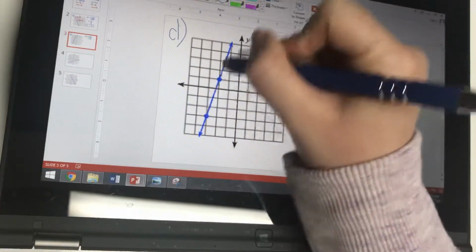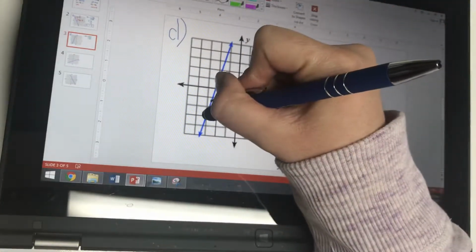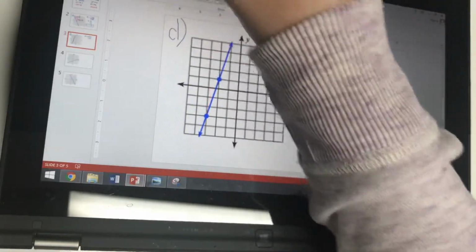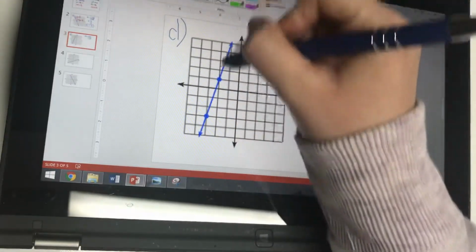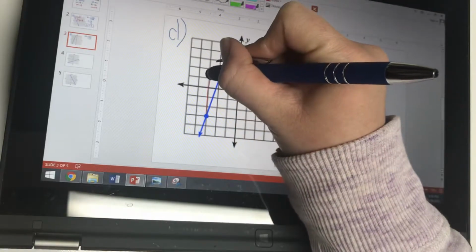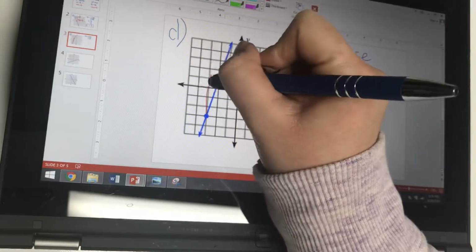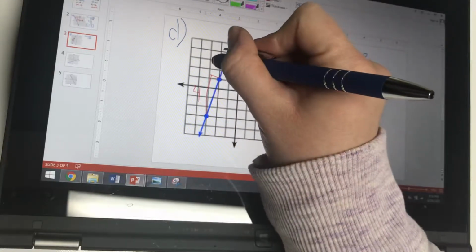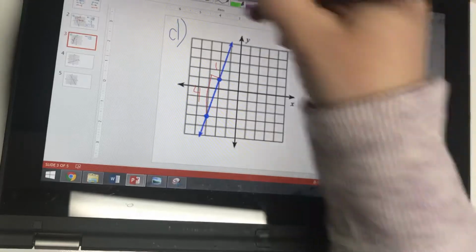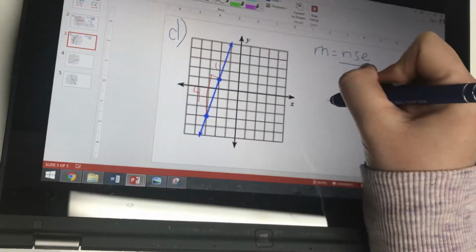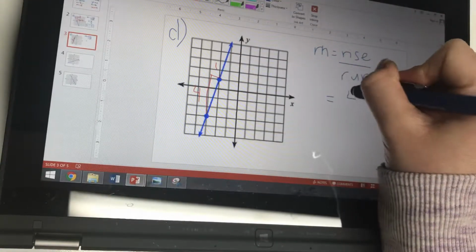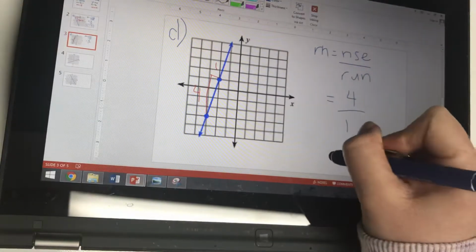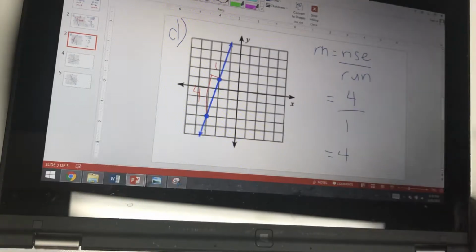So it also helps to draw the triangle. So here my rise is 1, 2, 3, 4, and my run is 1. So my rise is 4 and my run is 1. And for the final answer, I don't need to write it as 4 over 1, I can just write it as 4.